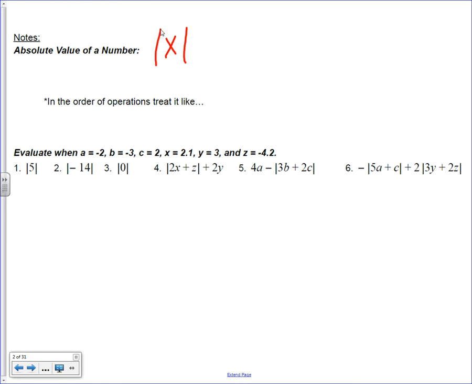What does it mean? It's a number's distance from 0. So let me ask you, how far away is 7 from 0? How far away is 21 from 0? 21.